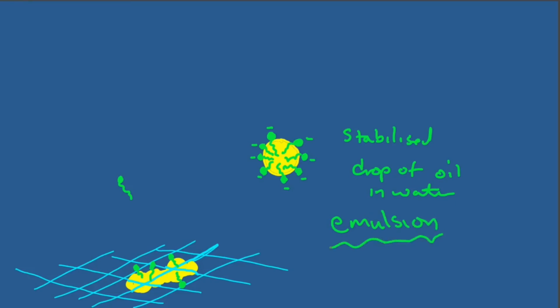Emulsions are stabilized droplets of one liquid in another. The things that don't dissolve, so they're immiscible, form these emulsions. You might be familiar with emulsion paint that you use for decorating walls or whatever. It's a similar process there, a similar principle at least.